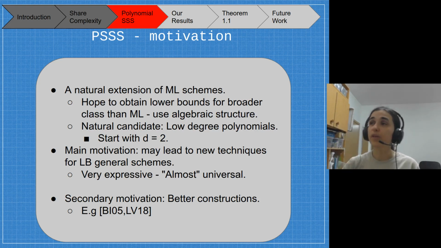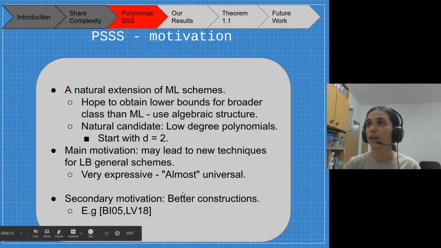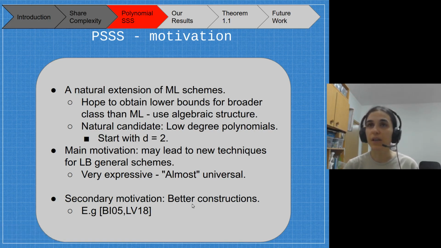And the secondary motivation is to maybe obtain better constructions for various access structures. While possibly less easy than designing linear schemes or multilinear schemes, there's hopefully enough structure to still be able to understand how to do things and to get better results.